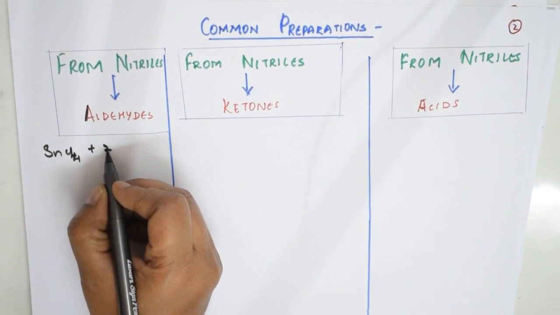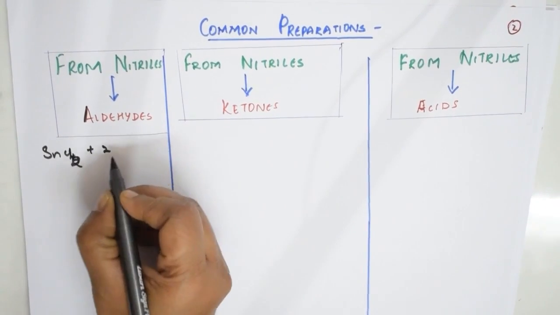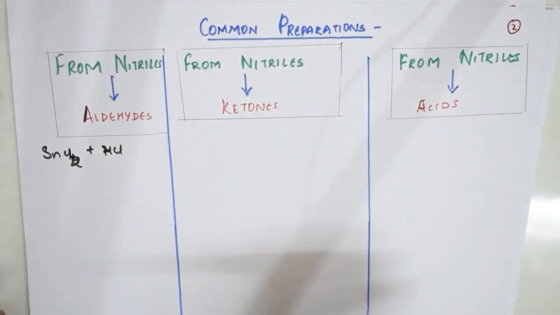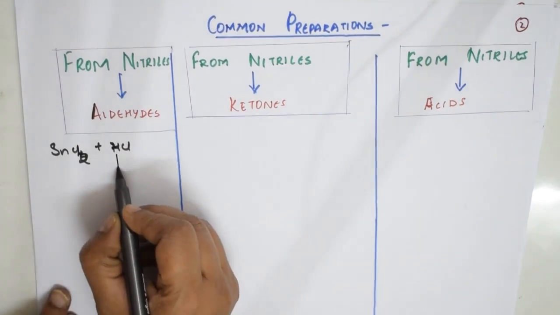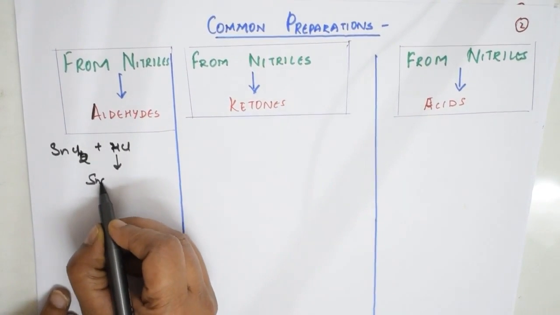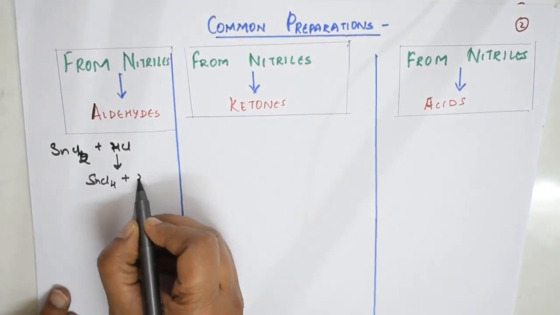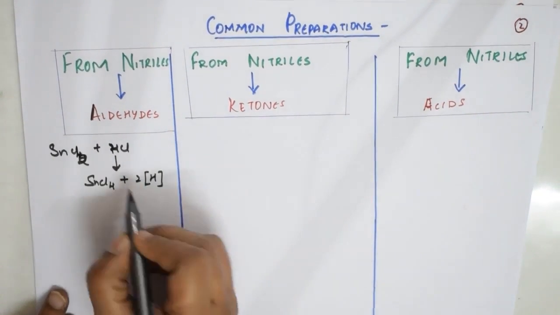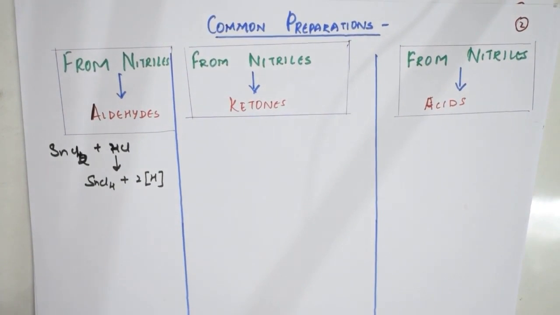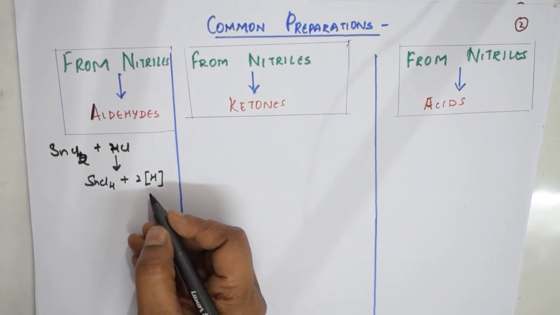So SnCl4, what happens? First of all, SnCl2 combines with HCl. When it combines, it's going to form what? It's going to get converted to SnCl4 plus 2 hydrogens are released, right? So 2 and 2, done. Important thing, these 2 hydrogens are what we are going to use for reduction.